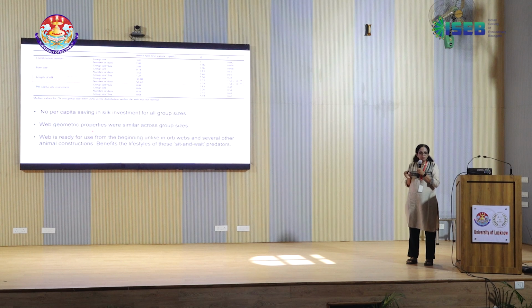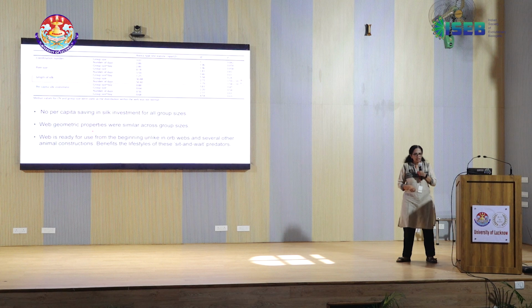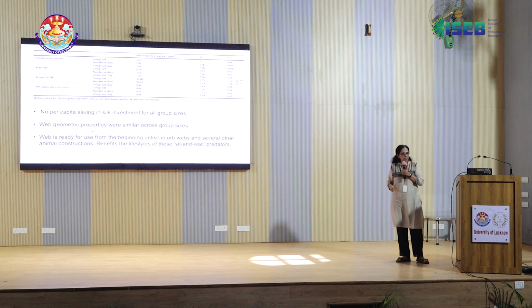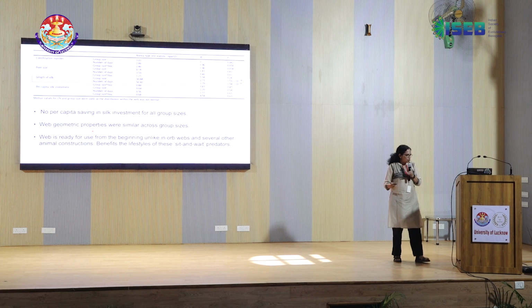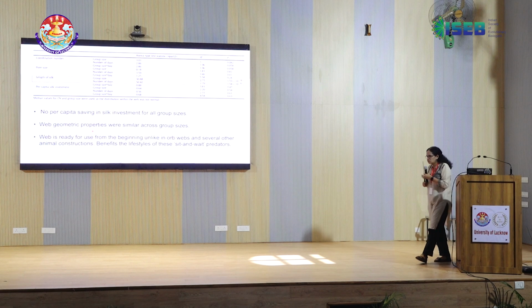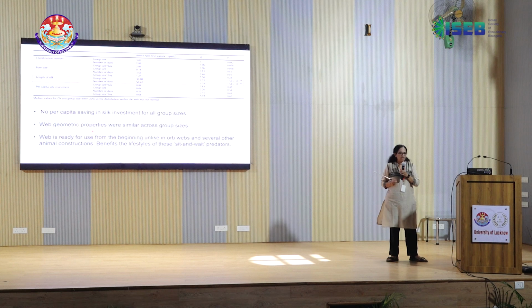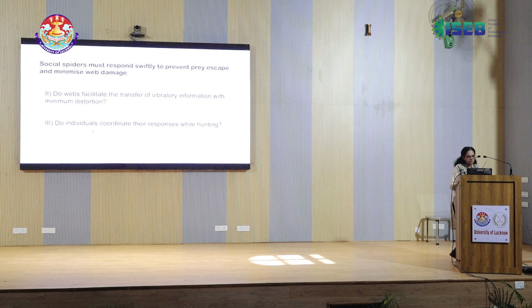The web geometric properties were also very similar across group sizes, and unlike other kinds of animal constructions, which have to be ready before they can be used, social spider webs are actually good to go because the minute they start building it, they can start using it almost instantaneously. And this, in my opinion, is very beneficial for this kind of a predator that has to rely on uncertain prey interception events.